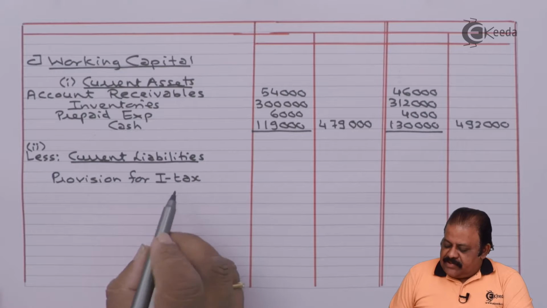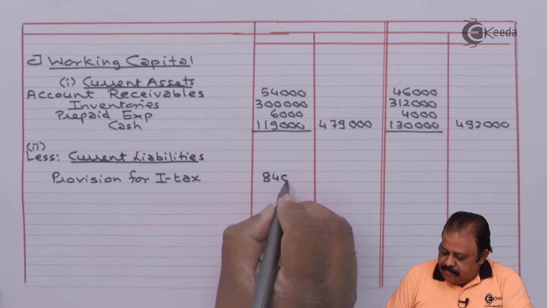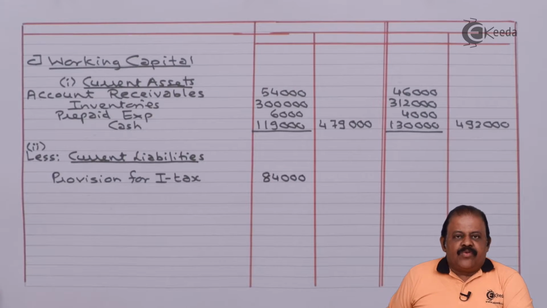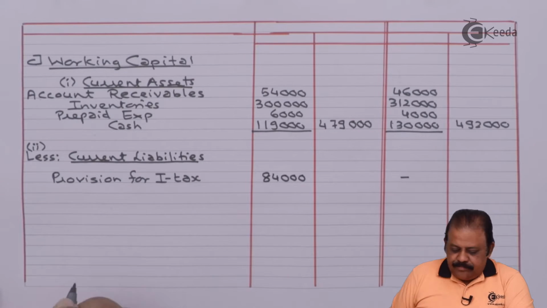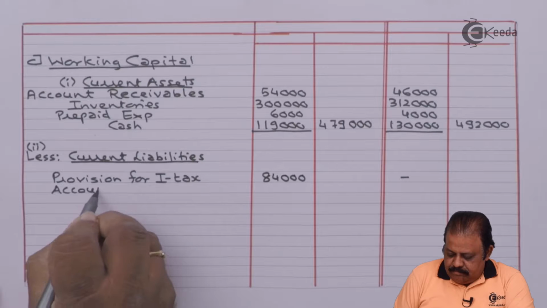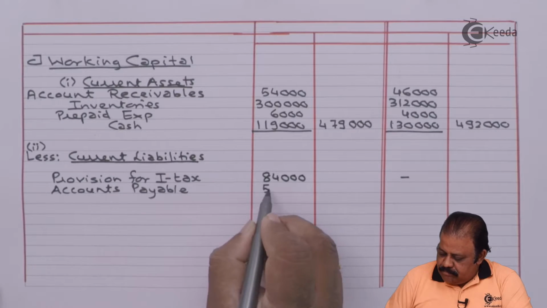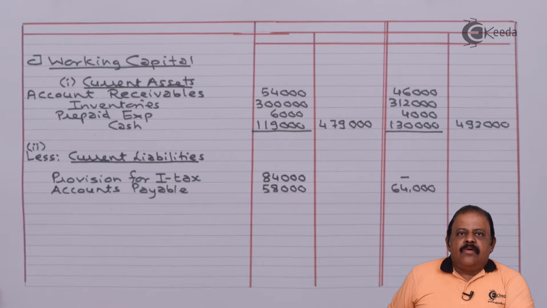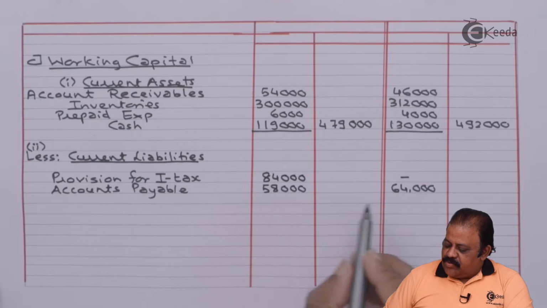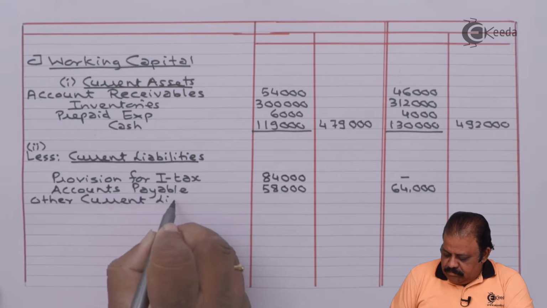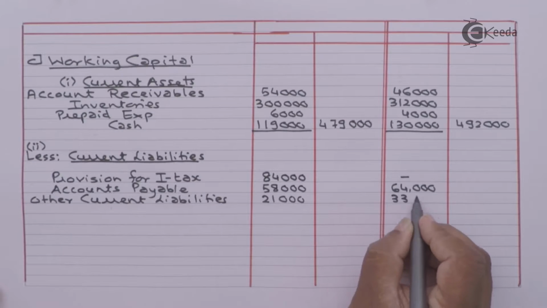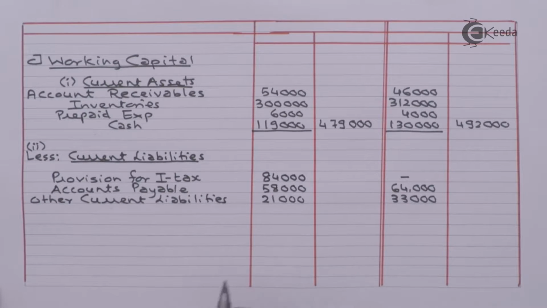Provision for income tax is 84,000. In the second year there is no provision for income tax. Accounts payable 58,000 and 64,000. Other current liabilities 21,000 and 33,000.